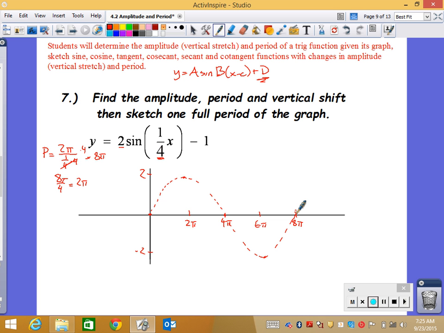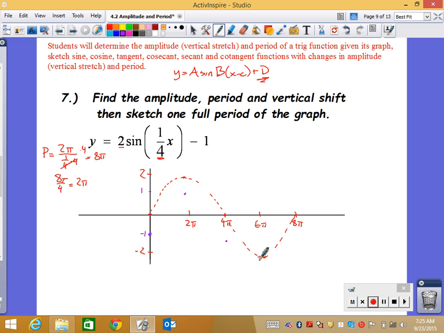Now what happens when I tack on this -1 at the end? The only thing that happens is it literally just picks this graph up and it shifts it down 1. It moves the entire graph down 1. So every y value gets moved down 1. So this 0 value here gets moved down to -1. This 2 value gets moved down to 1. 0 gets moved down to -1.